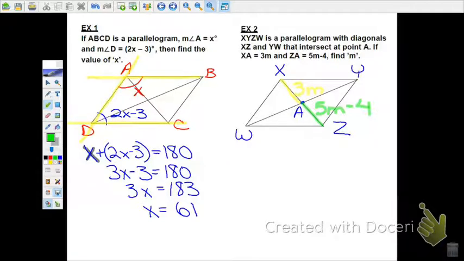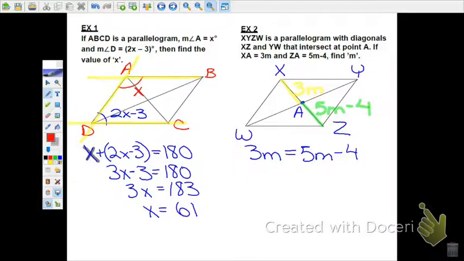So when I look at my properties for parallelograms, what do I know about this yellow piece and the green piece? They are equal to each other because this other diagonal bisected it, cut it into two equal parts. So I know that 3M is equal to 5M minus 4.